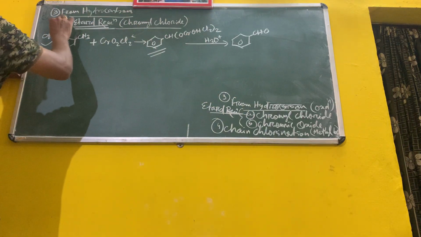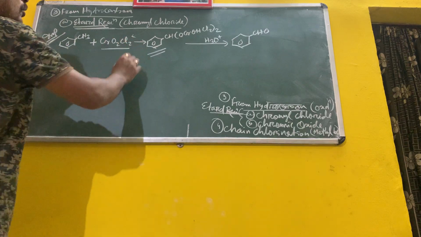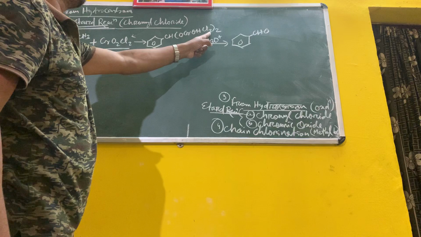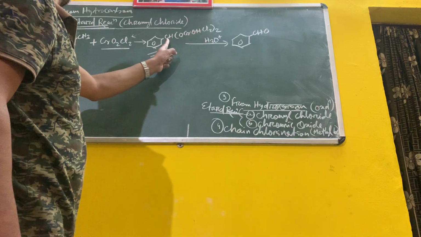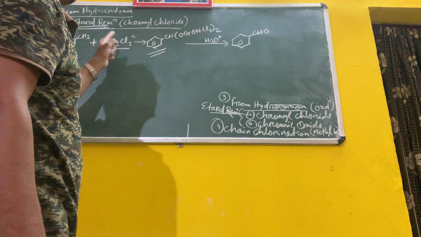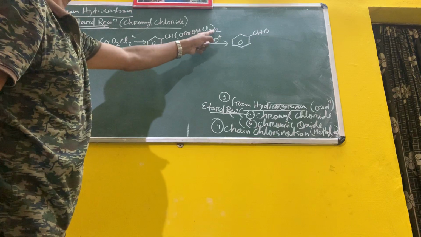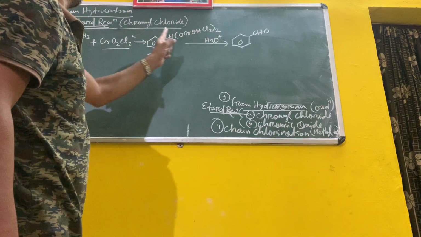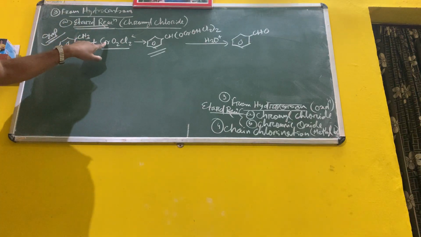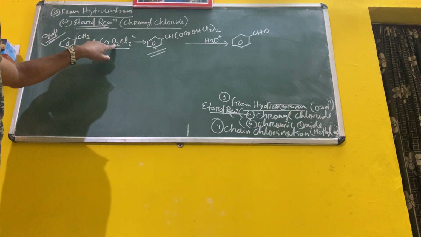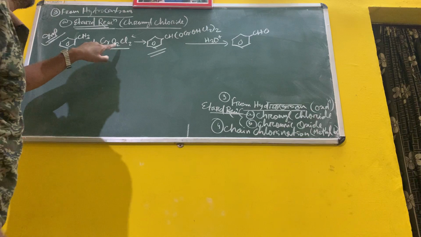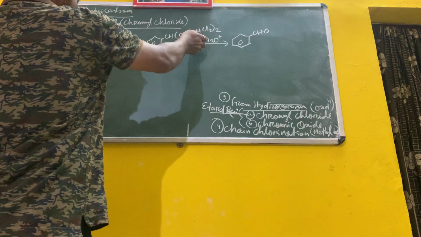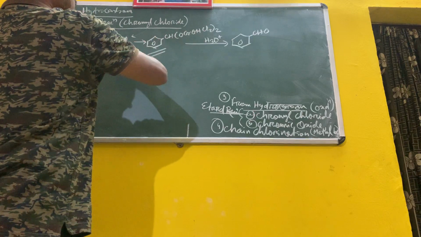You have to remember CrO2Cl2. For 3H, 3H, we add CrO2Cl2, so 2 Cr, 2, 2, 4 Cl2.